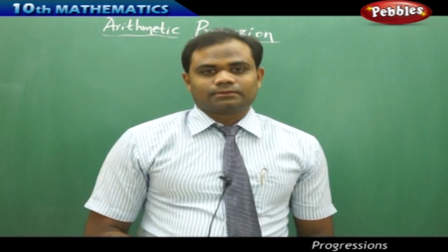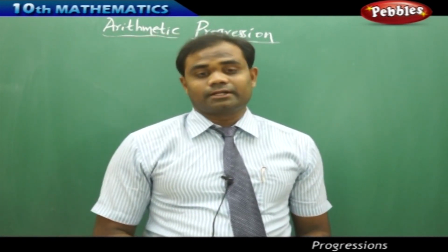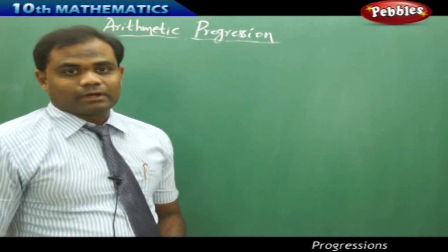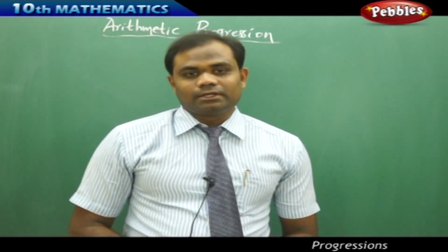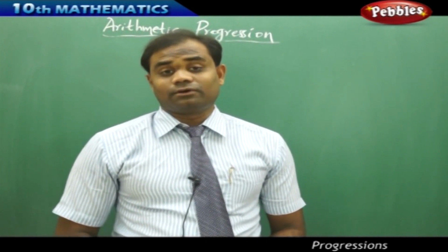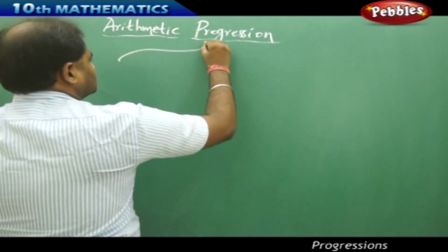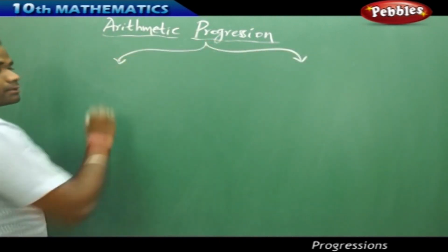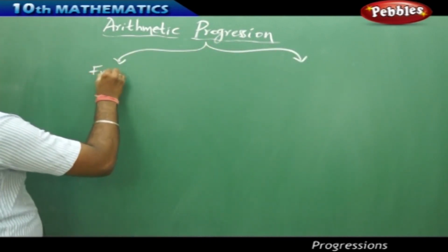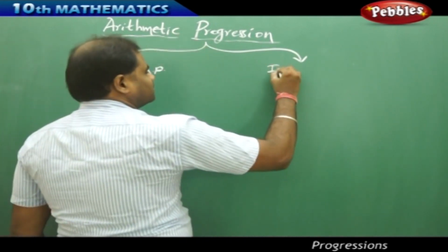Now that we have seen the definition of arithmetic progression with its respective formulae, now come the types of arithmetic progressions. Generally, there are two types of arithmetic progressions identified in mathematics. One is the finite arithmetic progression, and the other is the infinite arithmetic progression.